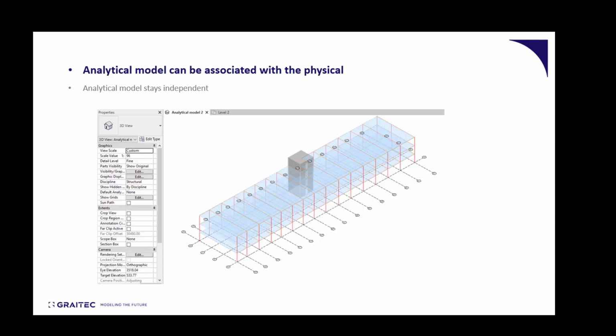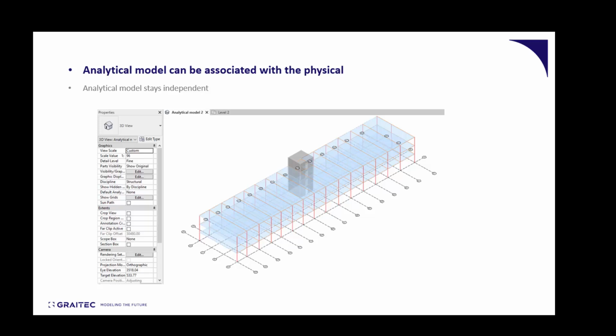If we apply displacement to the physical model, this displacement will not be taken into account within the analytical model, and the other way around is the same. If we apply some displacement to the analytical model, this displacement will not be taken into account within the physical model.